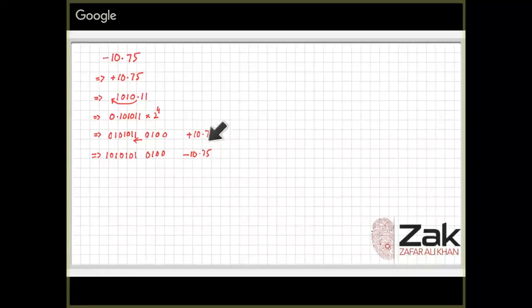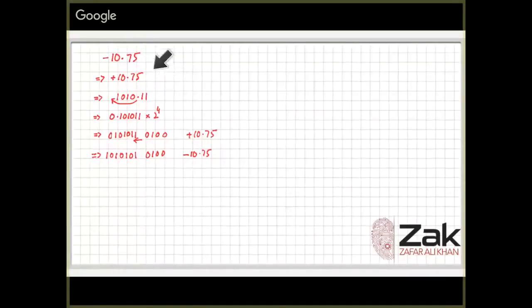In order to convert a positive floating point to negative, we keep the exponent the same, and in the mantissa, up to the first one from the right we keep it the same and toggle the rest, switch the rest. So 1 would become 0, 0 would become 1, and onwards. Okay, so this is our negative 10.75.